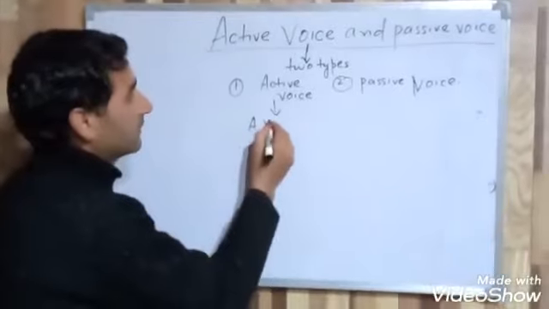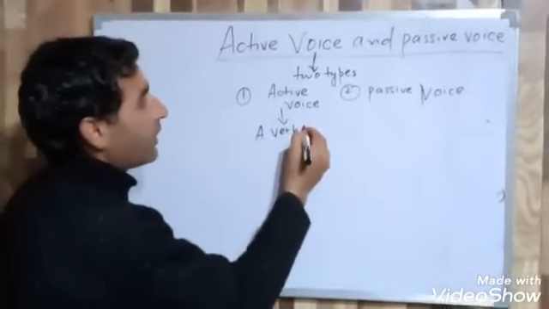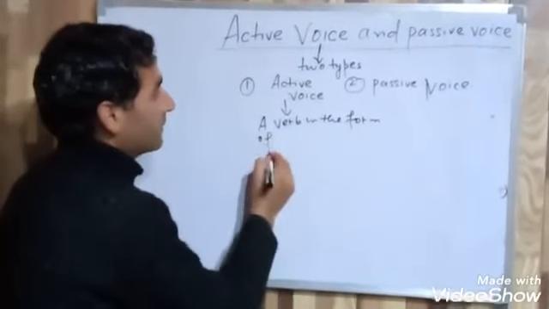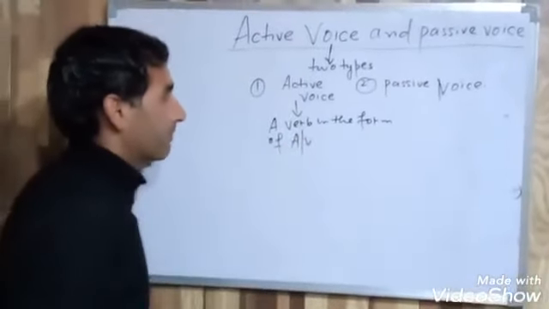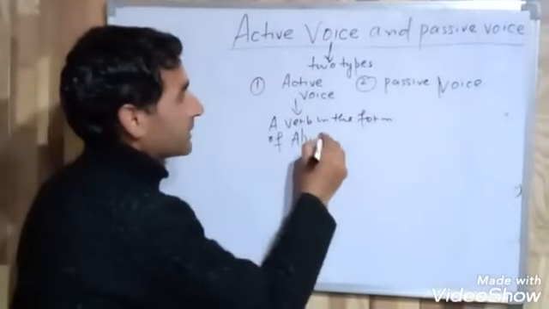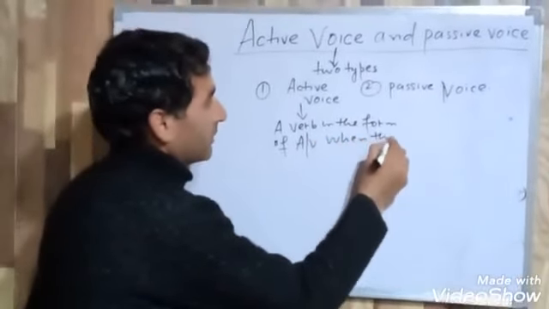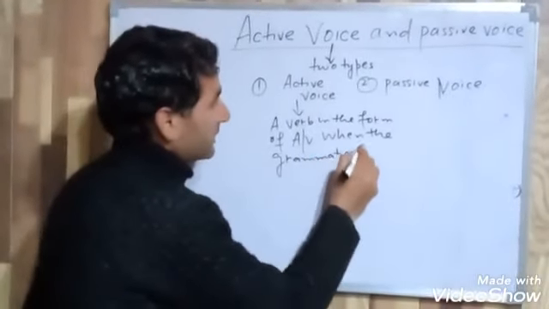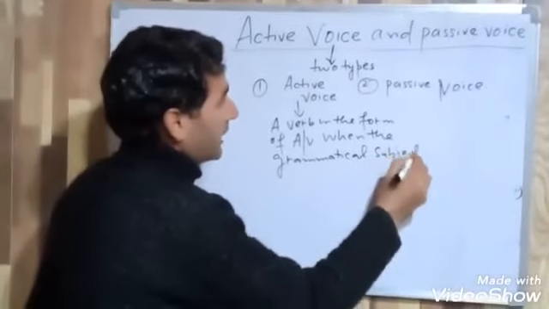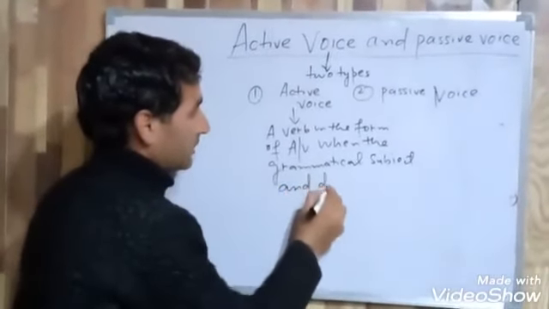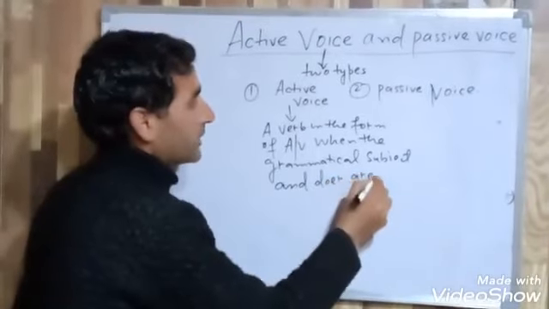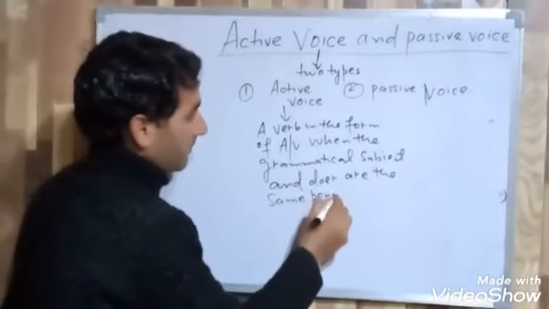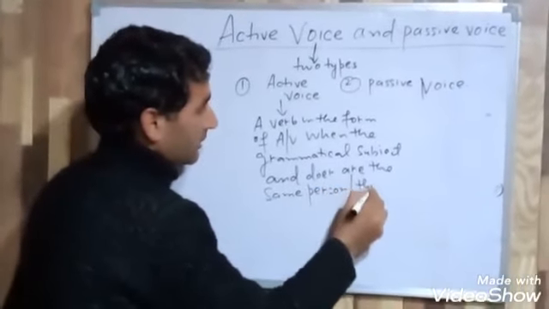A verb is in the form of active voice when the grammatical subject and doer are the same person or thing.